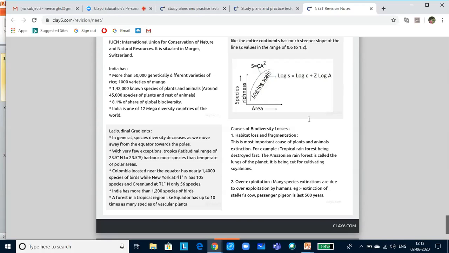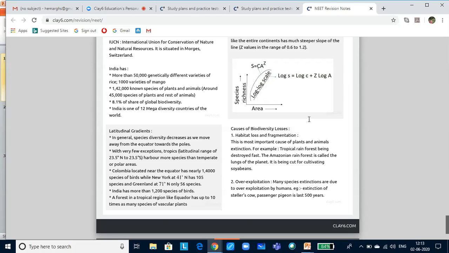The IUCN, that is the International Union for Conservation of Nature and Natural Resources, Red List in 2004 documented the extinction of 784 species, including 338 vertebrates, 359 invertebrates, and 87 plants in the last 500 years.